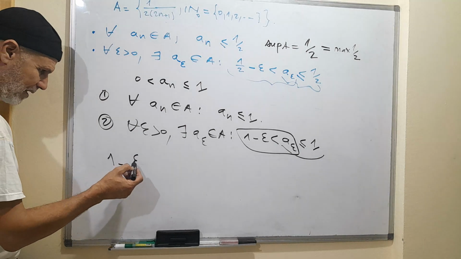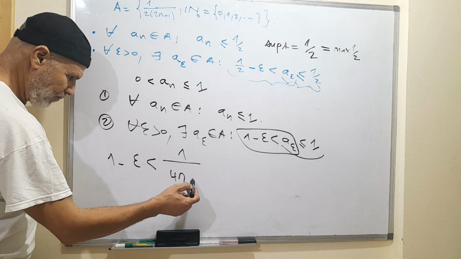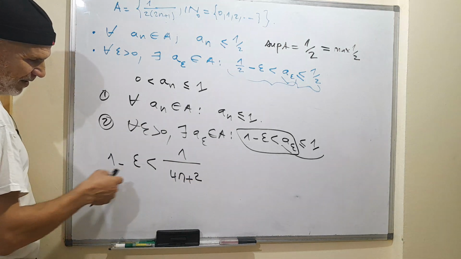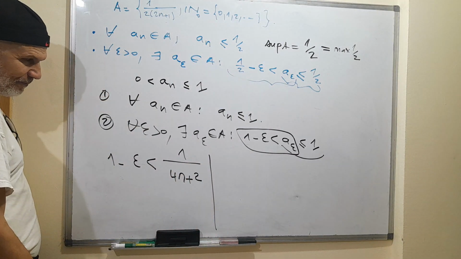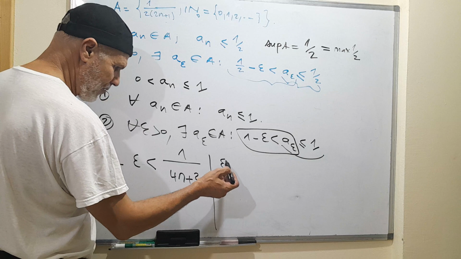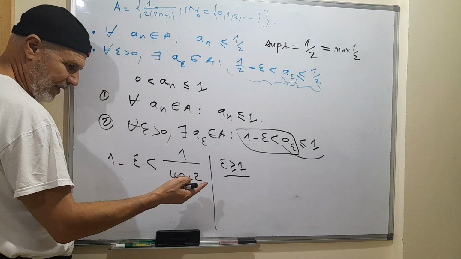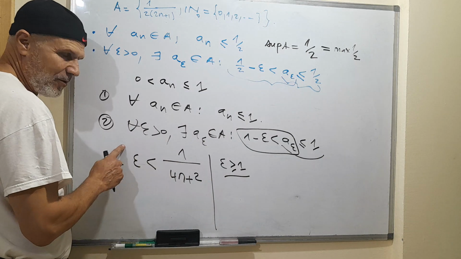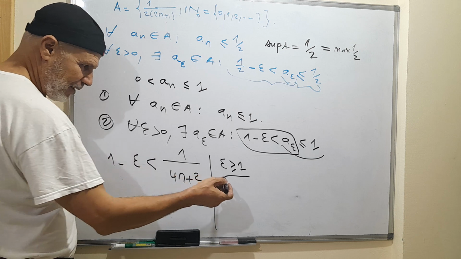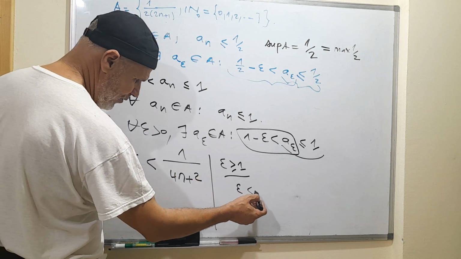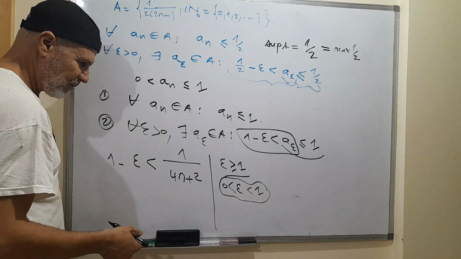We have 1 minus epsilon less than 1 over 4n plus 2. Can we find n such that this is true? Cases. If epsilon is greater than or equal to 1, this is trivial. A positive number is greater than a null or negative number. We suppose that epsilon is strictly less than 1 and greater than 0.